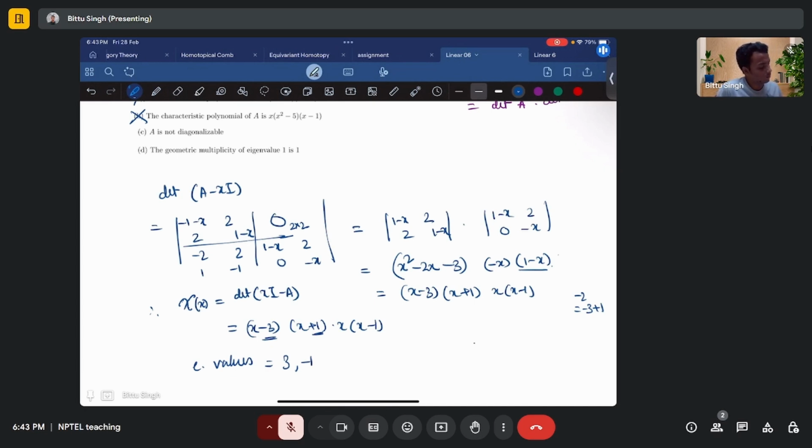They are obtained by equating chi of x to 0, right? If we equate it to 0, then we have the solutions x equal to plus 3, x equal to minus 1, x equal to 0, and x equal to plus 1. So those will be the eigenvalues: 3, minus 1, 0 and plus 1. So all eigenvalues are distinct.